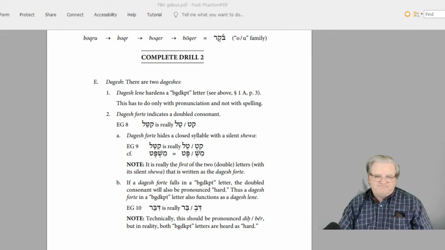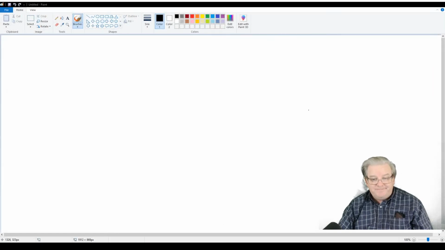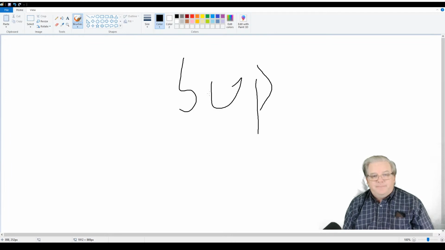So let me show you what this paragraph is actually trying to do here. Switch over to the drawing screen. So you take the one he gave you, kittel. And what he's saying is, how do you syllabify this? Well, here's a problem, right? So we're beginning to syllabify, and we see here a short vowel.